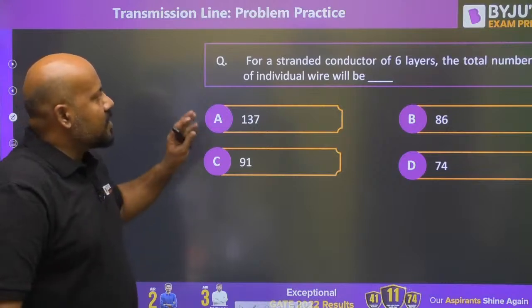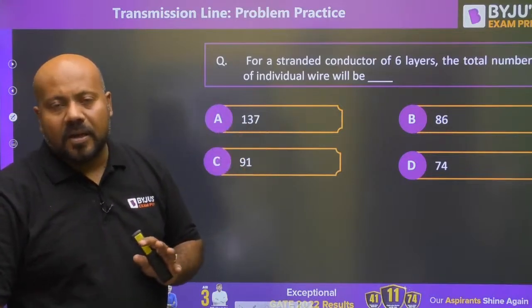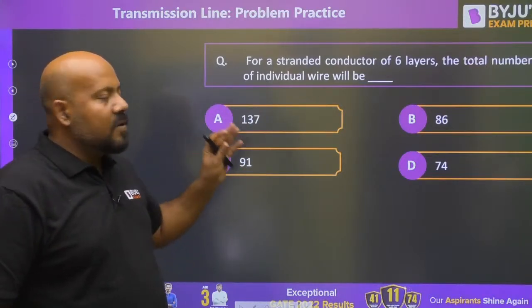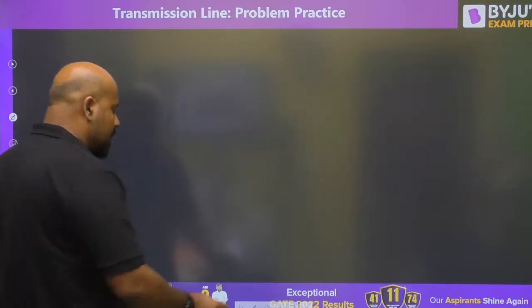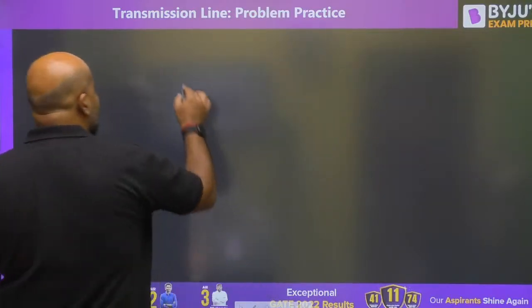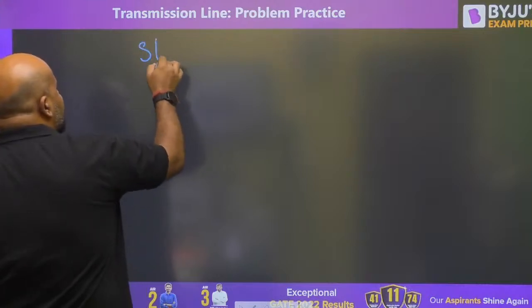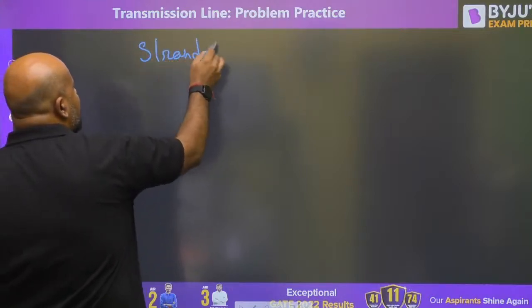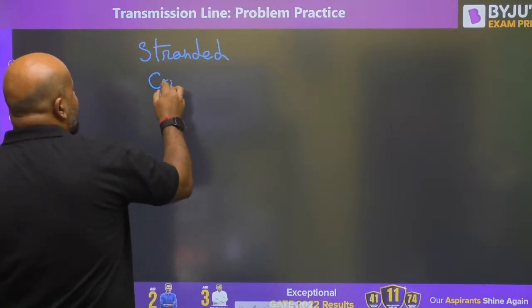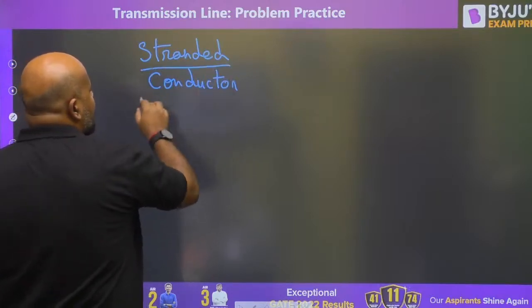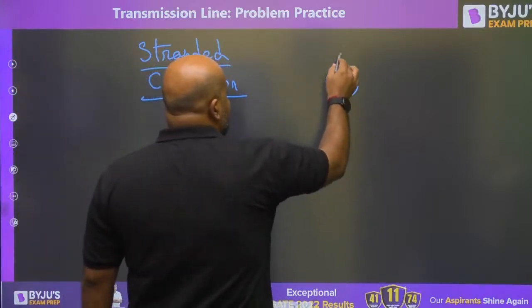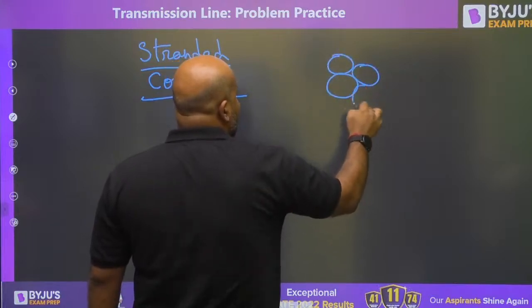Next question, he is saying for a stranded conductor of 6 layer, the total number of individual wire or the strand will be. So let me just give you some idea about this. If you talk about the stranded conductor, suppose it is looking something like this.